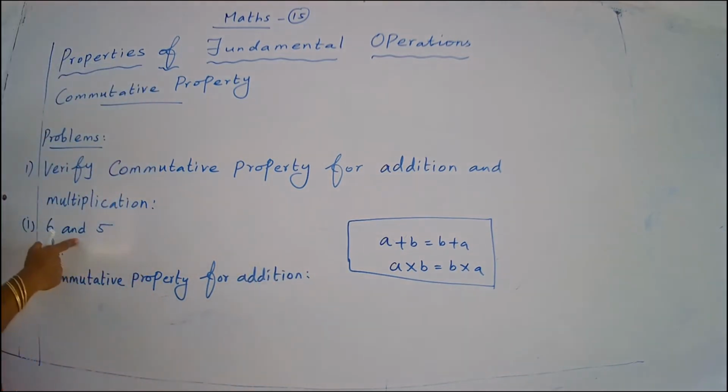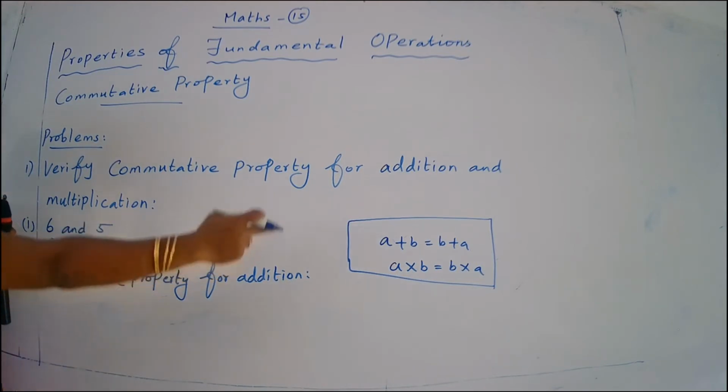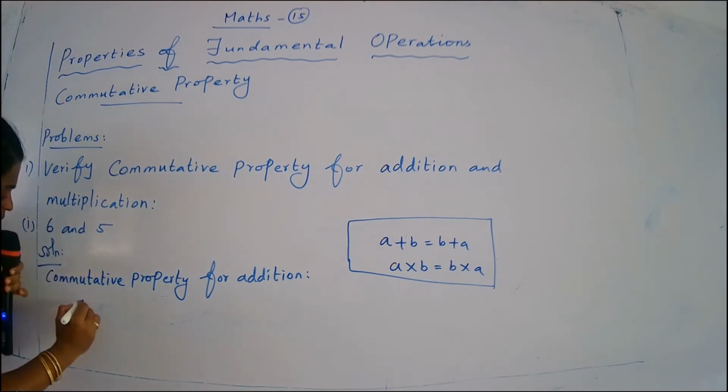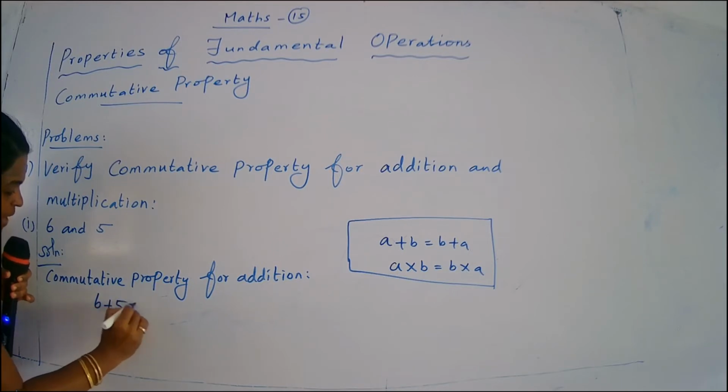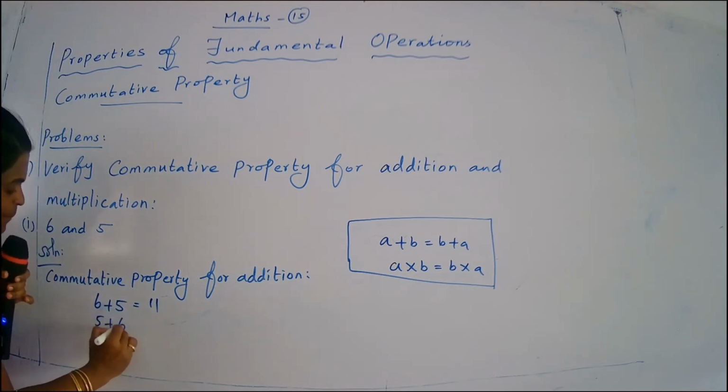Okay, yes, here a is 6, b is 5. Now you check the property. Your property is a plus b is equal to b plus a. So a plus b, that means 6 plus 5. What is the answer? 6 plus 5, 11. Okay, now you change the order. That means 5 plus 6.